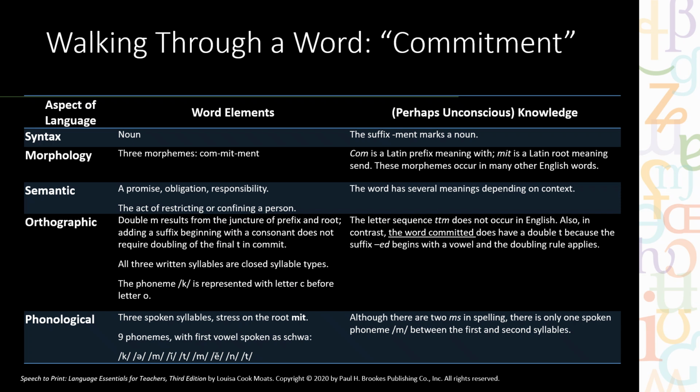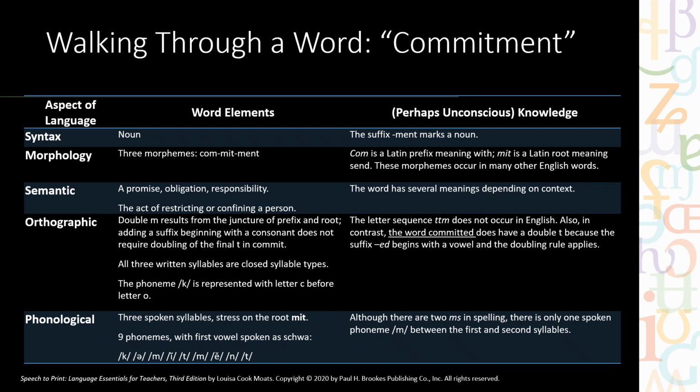That's because a suffix that begins with a consonant does not require doubling of the consonant that precedes it. So there's all kinds of rules and structural elements. And it's not necessary to have memorized all of the possible spelling rules. What is necessary is to be able to walk through the word, analyze it, identify what structure is present in the word, and then you can be most helpful to the folks that you're serving in terms of helping them understand the English spelling system and develop stronger skills.